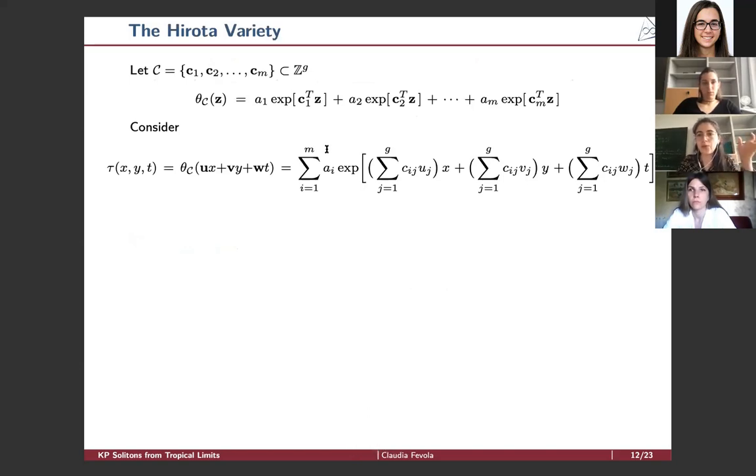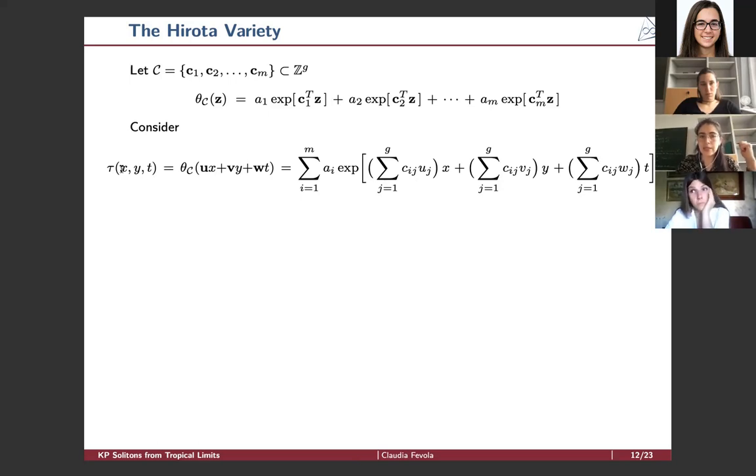And so what we want to do, I mentioned at the beginning that all solutions that arise from an algebraic curve were parameterized by the Dubrovin threefold. And now we want to construct an analogue of this variety for our type of theta function. So this is just a recap of what we have seen before.